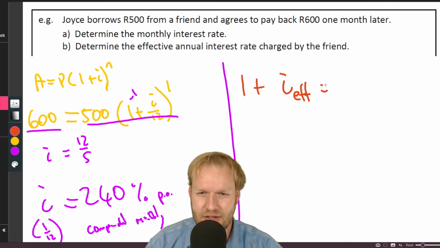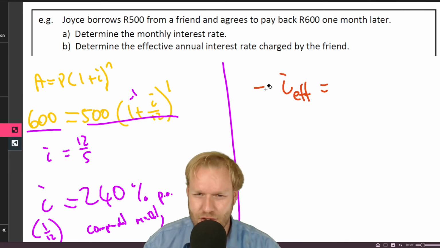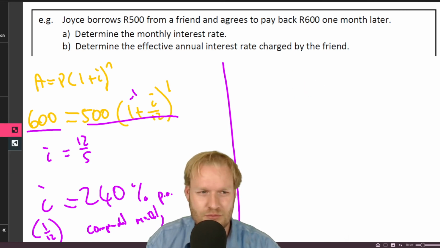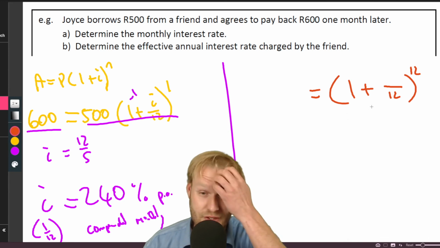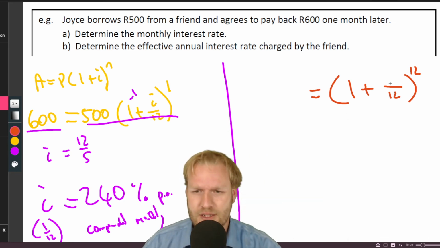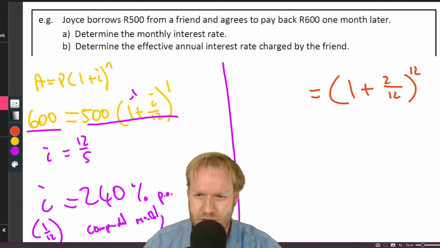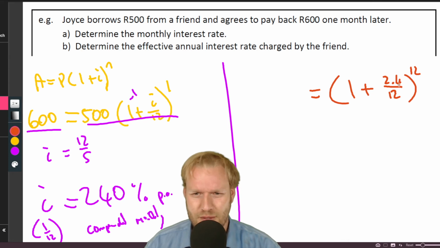1 plus i effective. Now, I'm already doing that, but then I'm going against that beautiful idea we had earlier, which was to put the thing on the right that we know, 1 plus i over 12 to the 12. We know our rate there. So let's put that in and say, well, we know it's 240%. What's strange about that is that's the number 2.4, 240%.